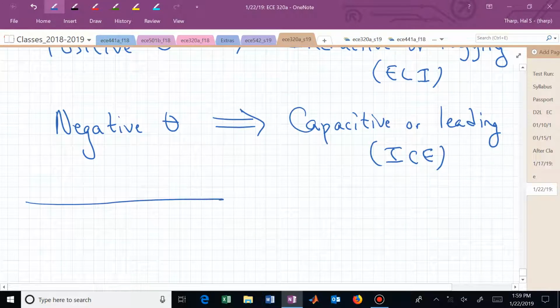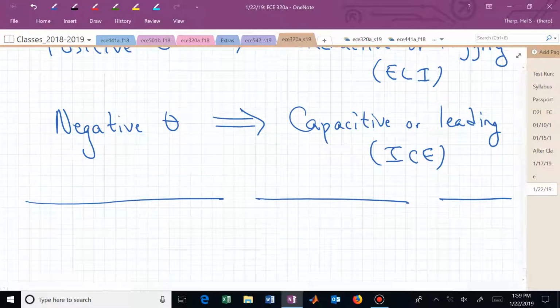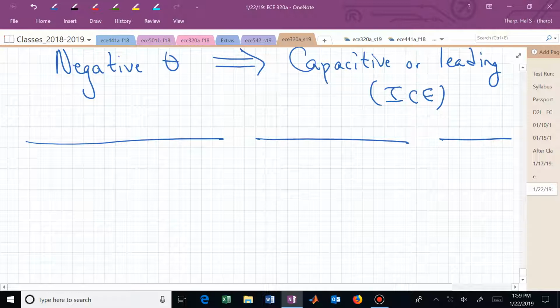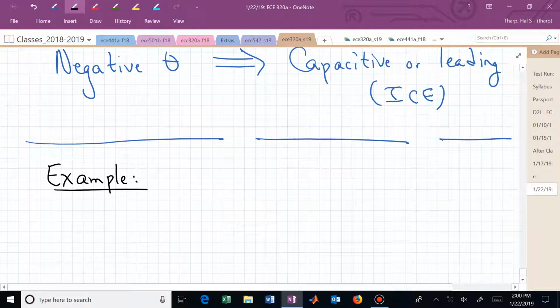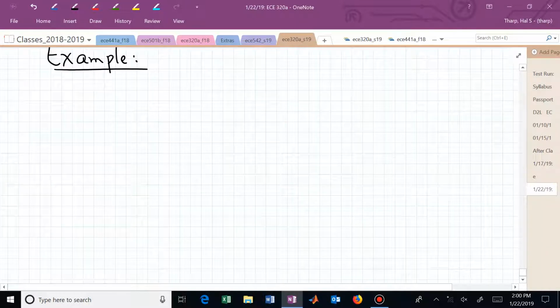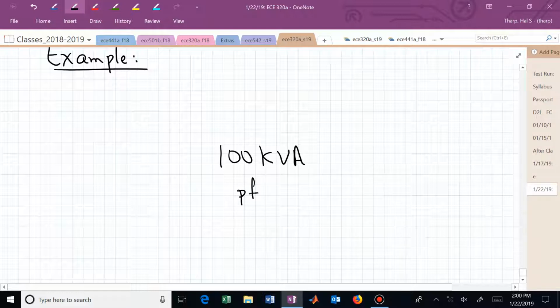Let's now use these formulas to actually help us analyze another complex power network. For this example, let's say that one load is now 100 kVA with a power factor of 0.8, and let's say that it's lagging.